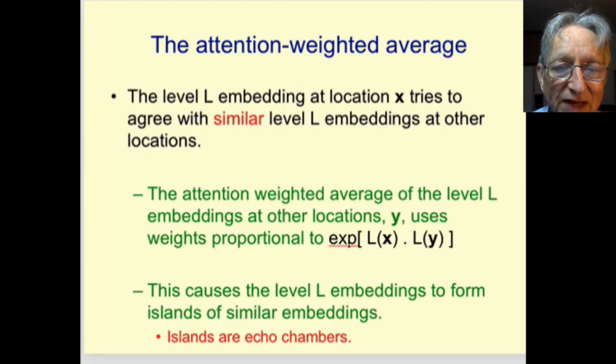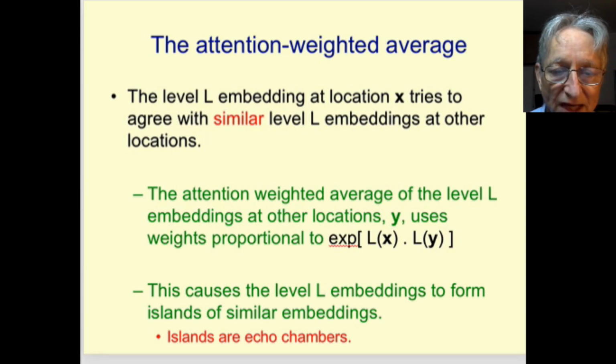So the way a level L embedding at location X interacts with a level L embedding at location Y is we simply take the scalar product of those two embeddings, so Lx is the level L embedding at location X, and then we exponentiate those scalar products and renormalize, so everything adds to 1. And what the exponentiation will do is say if there's a good fit, that'll completely dominate a whole bunch of bad fits.